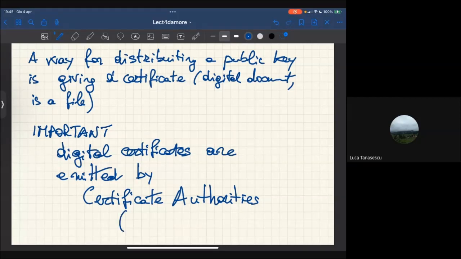People used to refer to a certificate authority by using CA. So what we are understanding is that a certificate authority is producing a digital certificate, and this digital certificate is associating a public key with a name. Okay?